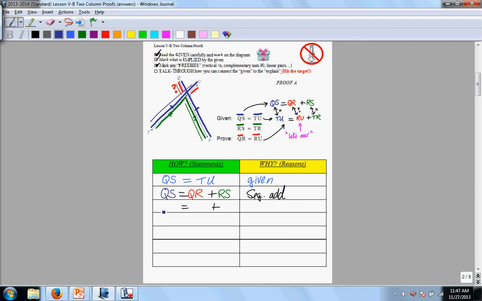We also know this other large segment, TU, is made up of its smaller segments, which is RU, plus T to R, or T to R. That's also called segment addition. Now, it gets a little confusing when you have all these letters here, so watch very closely. Do you see it? We have TU here.